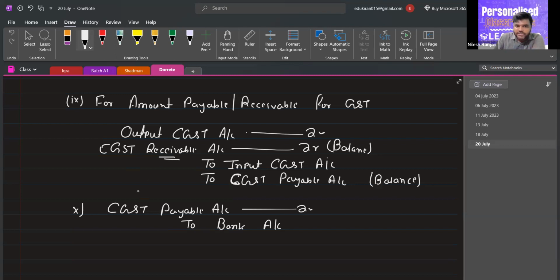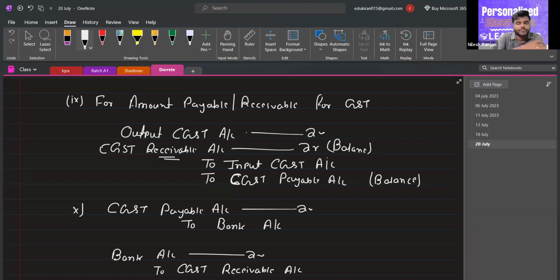But when it is receivable, the entry will be bank account debit to CGST receivable, because we will receive money from the government.